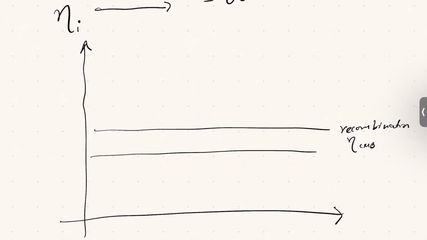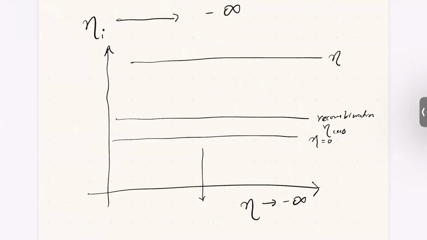And this was supposed to be where eta equals 0, right? But now eta equals 0 is not the beginning. It's not the starting point anymore, right? Because I see that eta can go back. Eta can go to negative infinity. So I can have more eta slices, time slices that go towards negative infinity, right? And this is where I am today. So this is eta naught.